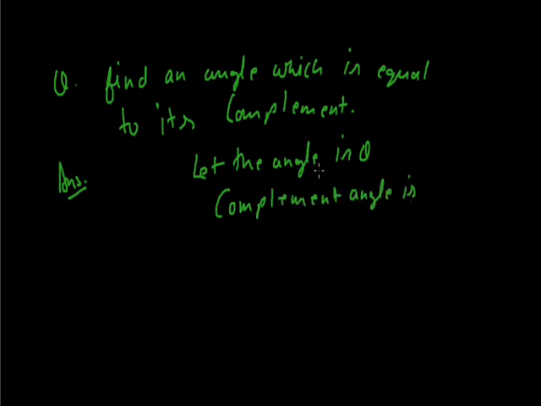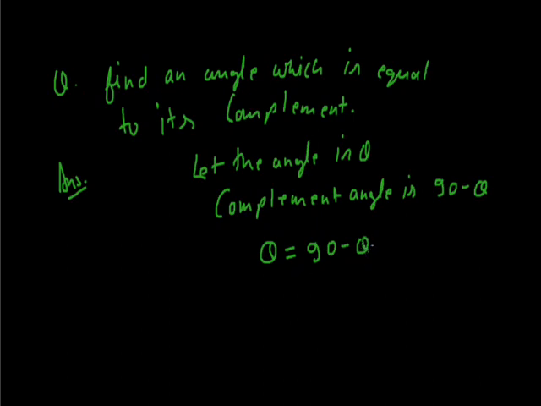We know that if the sum of two angles is 90 degree, then they are called a complementary pair. If one angle is theta, then the other angle will definitely be 90 minus theta, because the sum of these two angles should be 90 degree. Now as it is already given in the question that the angle and its complement are equal, we can say that theta equals 90 minus theta.